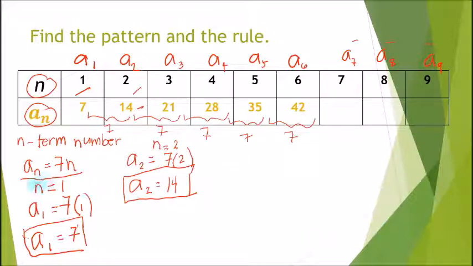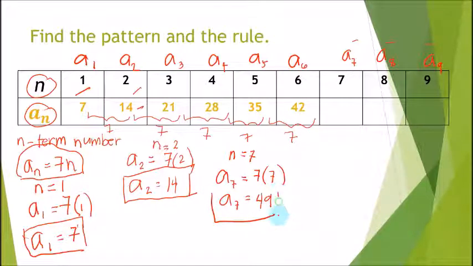So, mao ni nga general rule atong gamiton. Now, our n is 7. That is a sub 7. We're looking for our 7th term. That is 7 times 7, which is our 7th term, therefore, is 49. Okay, so our 7th term is 49.